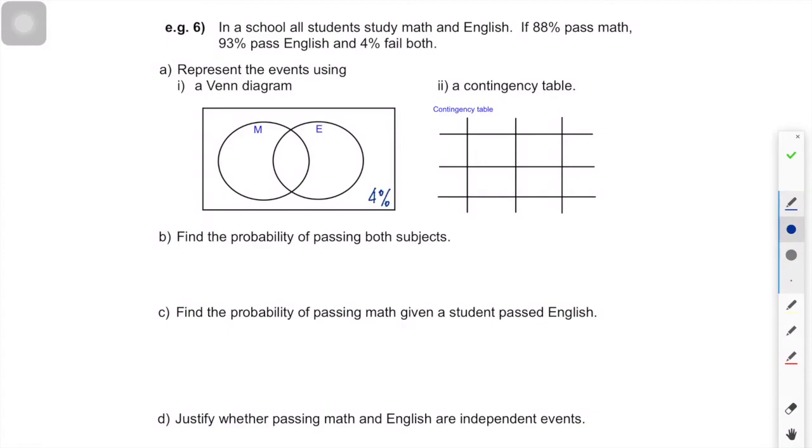So let's label X, Y, Z. And all I know is X plus Y are the ones who pass math, which is 88%. And Y plus Z is 93%. Okay? That's all I know.